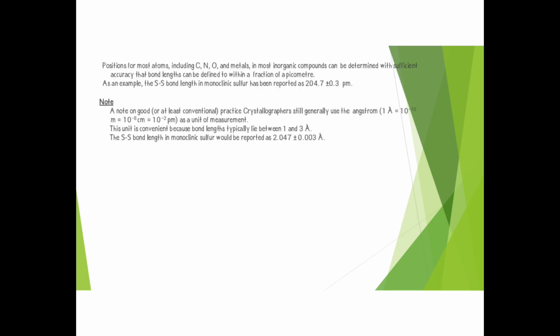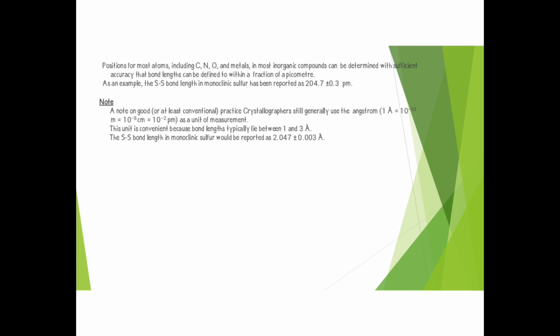So fellows, you have already known that single crystal X-ray diffraction is utilized to determine the bond lengths within a fraction of a picometer, and the angles. So with the help of this, the positions of the different atoms can be determined precisely.